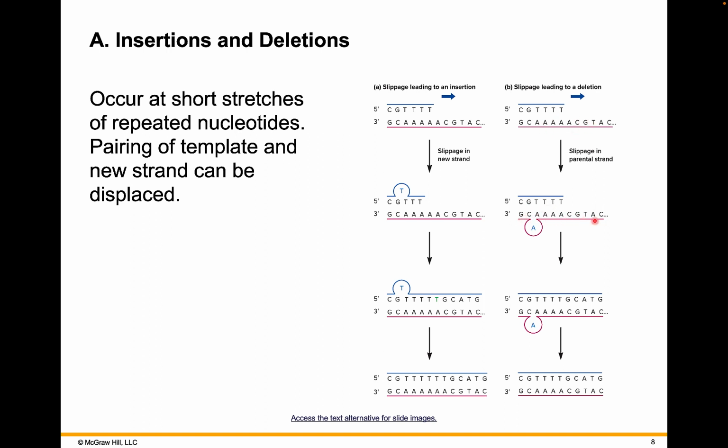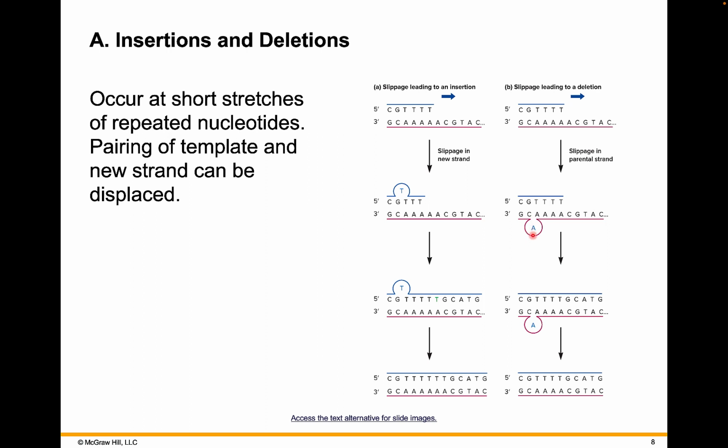So here, when this is happening, you can see right here you have these continuous T's and then GC, and then it slips out, and then you have an A. You can easily see that initially you have a GCA, and that's why you have a CG and then 4 T's.